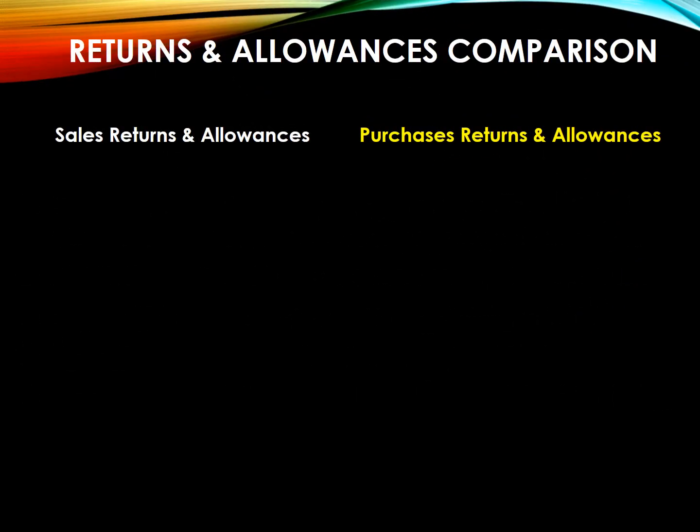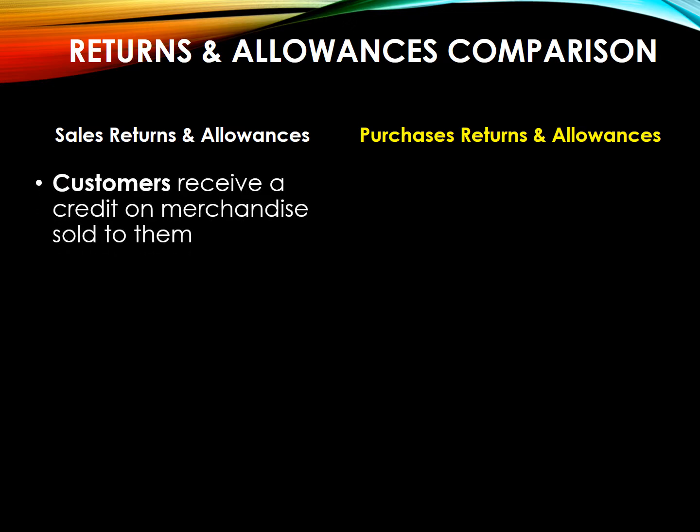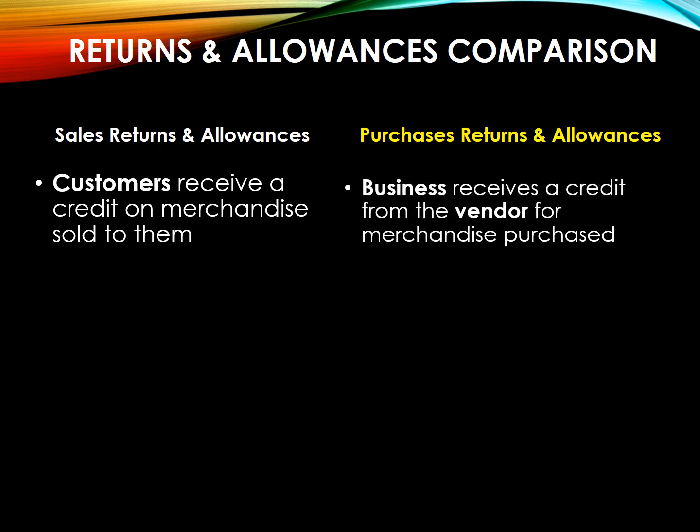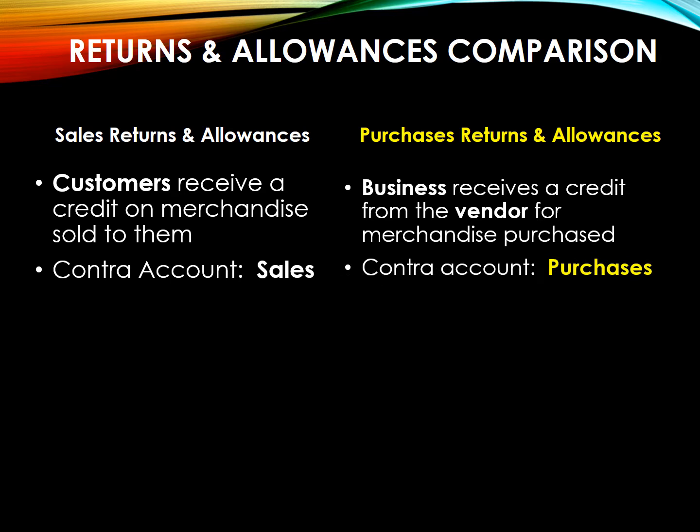Comparing returns and allowances. Sales returns and allowances is when a customer receives a credit on merchandise sold to them. Purchases returns and allowances is for a business that is receiving a credit from the vendor for the merchandise purchased. Sales returns and allowances is a contra account to sales. Purchases returns and allowances is a contra account to purchases. The normal balance for sales returns and allowances is a debit.